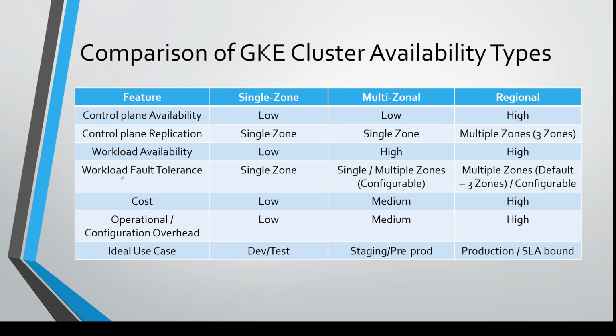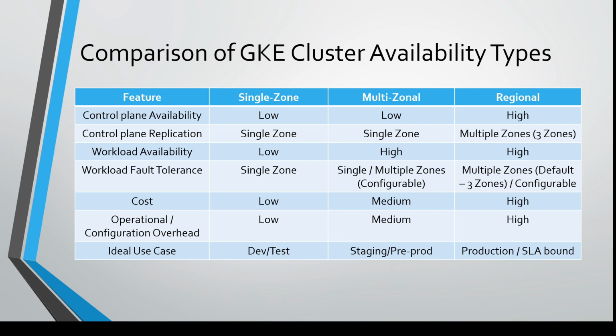And how the workload availability compares across the cluster types is that with a single zone cluster, the workload availability is low. The node pool is only created in a single zone, so during zonal outages the workloads will be down as well. You won't be able to reach the services, right?